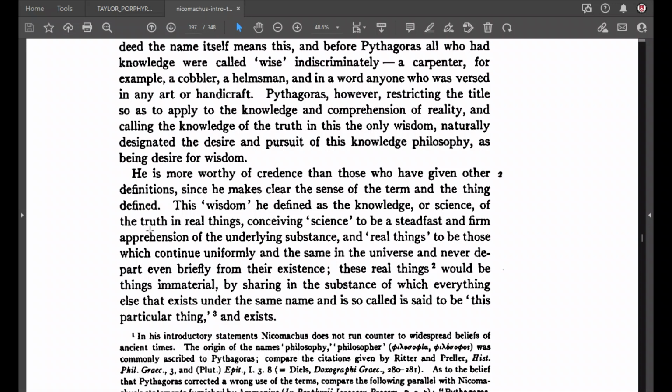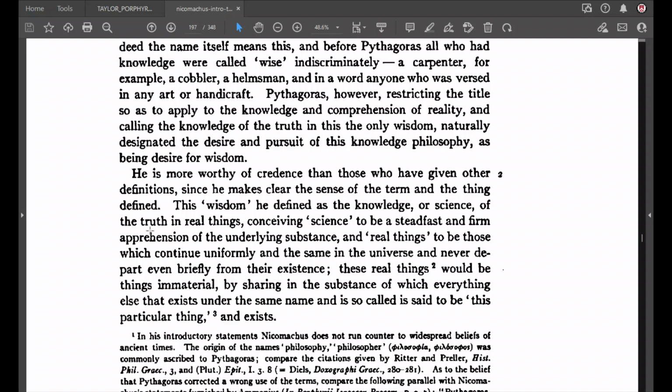That's what we mean by reality. Truth in real things. Science is a steadfast and firm understanding of the underlying substance of things, what they really are. And quote-unquote real things. Real things, this is very important.